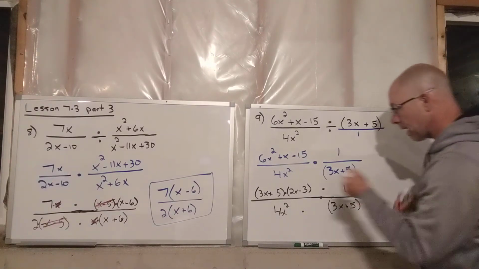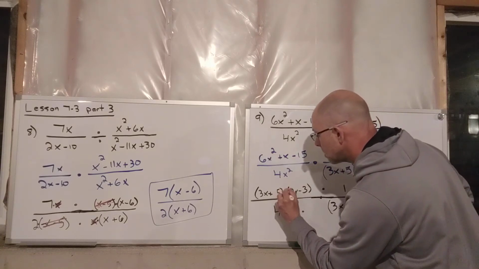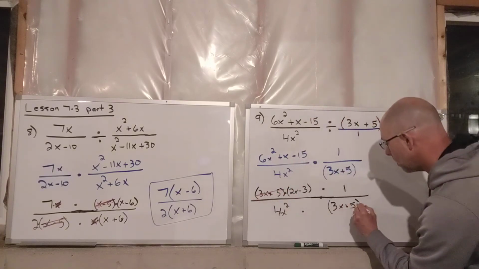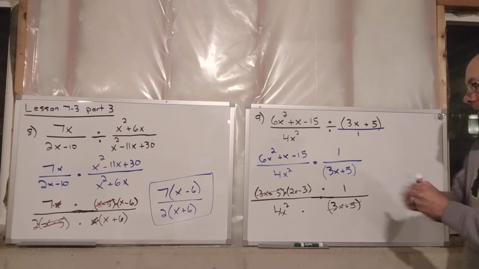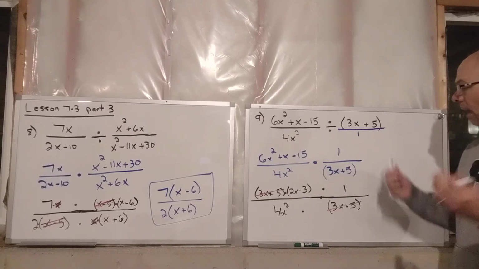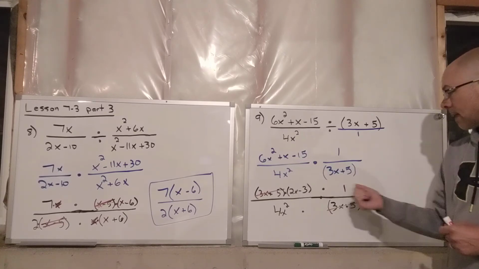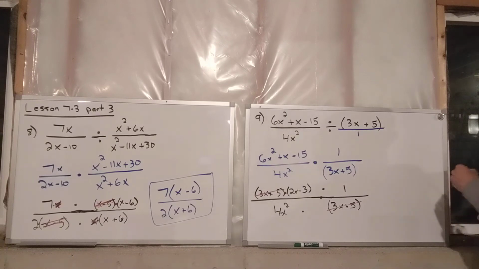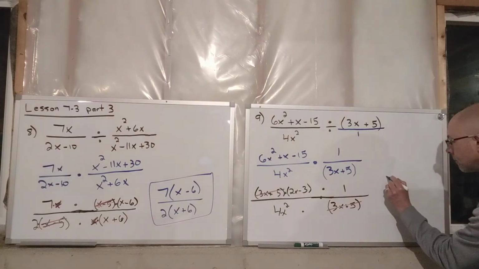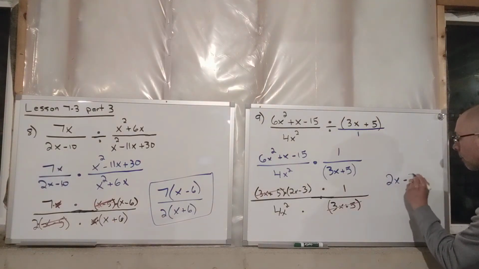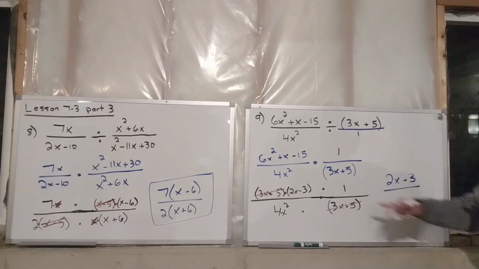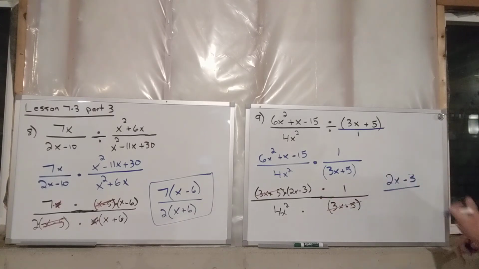Well, what I can see right now is 3x plus 5, 3x plus 5, top and bottom. After that, I don't see anything. The top just has 2x minus 3 times 1, of course, which is still 2x minus 3, and the bottom's got 4x squared.